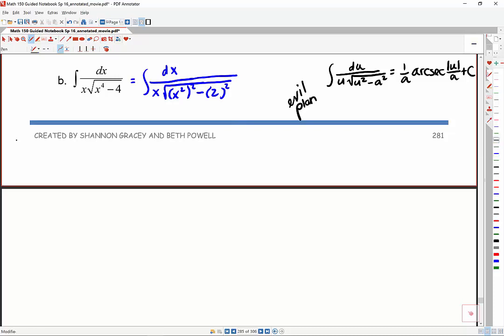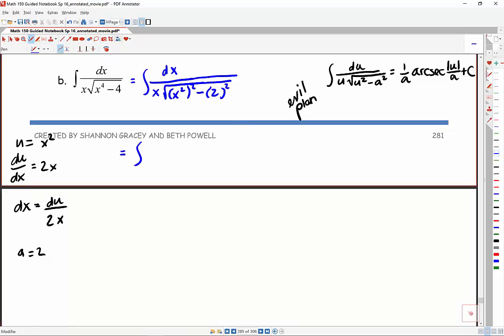Good, we'd have u is equal to x squared, du dx would be 2x. So isolating dx, we'd have du over 2x. So let's see what we've got. This may or may not work. And what was our a? a was 2. So plugging everything in, let's see what we would get.